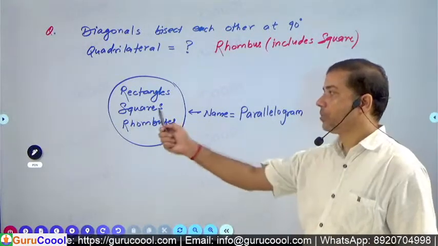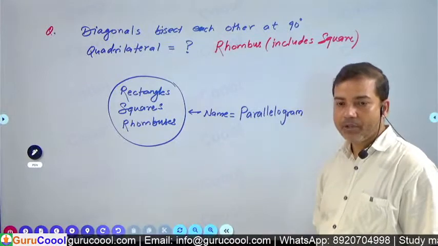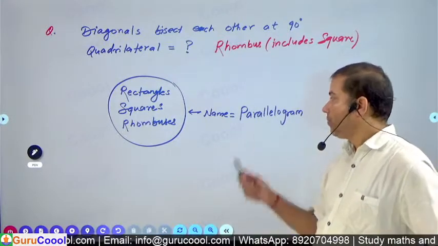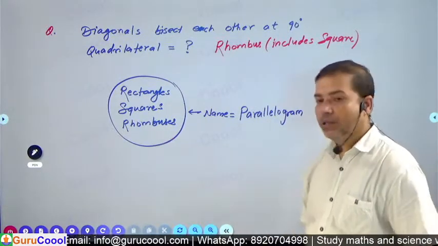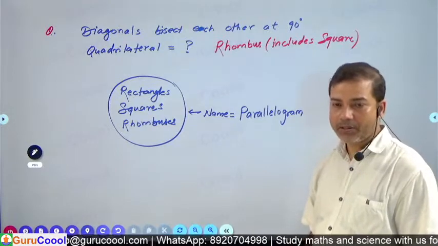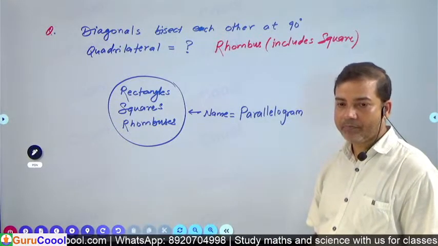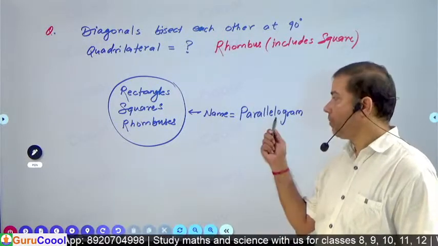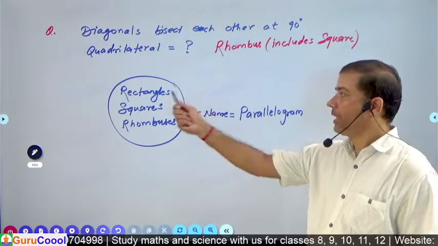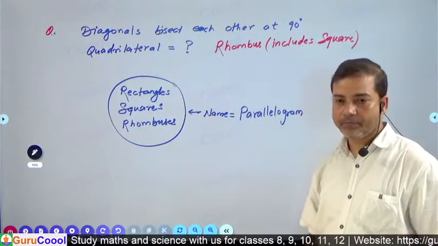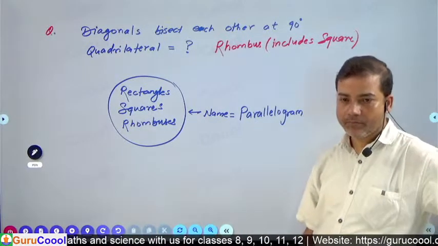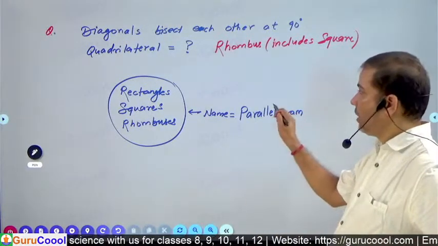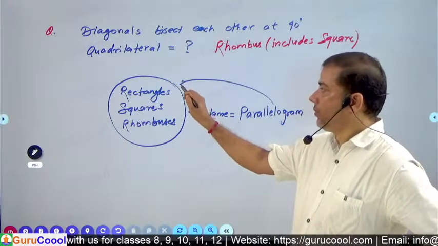Parallelograms can become squares if they follow some specific properties. Parallelograms can become rhombuses if they follow some specific properties. So what is the specific property for parallelogram to become rectangle? A parallelogram can become rectangle by following which property?